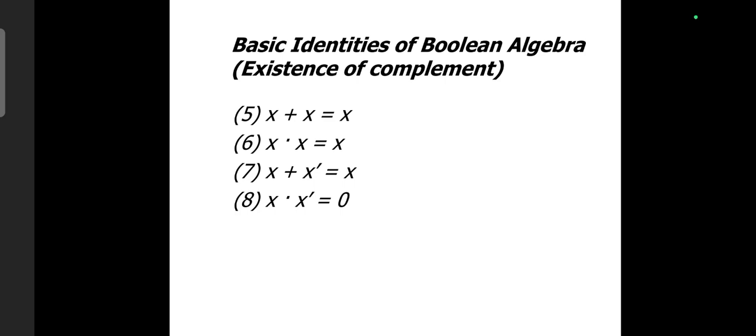So here, in the identity number 7, x plus x prime should be 1, but instead of mentioning 1, it is mentioned as x. So kindly change it. In this case, x multiplied by x prime equals 0. A variable and its complement can never be 1 simultaneously. Therefore, the AND operation always produces 0.